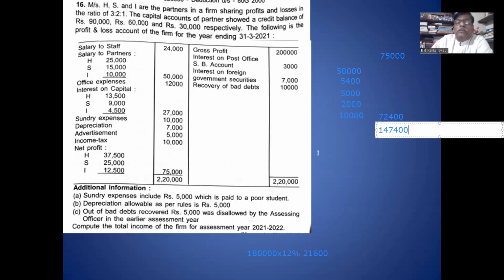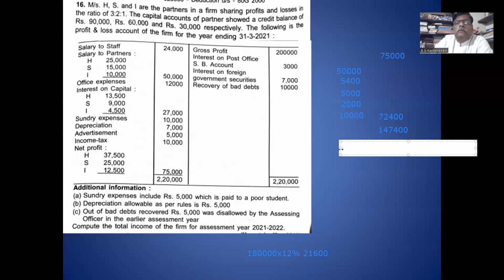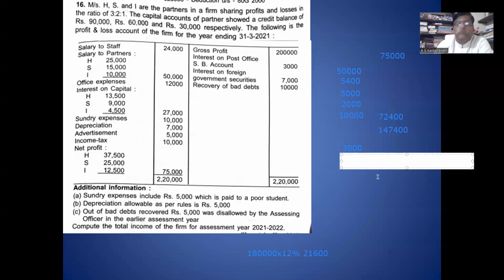In the other head income, the first item is interest on POSB account, which is 3,000. Second is interest on foreign government security, which is income from other source, 7,000.